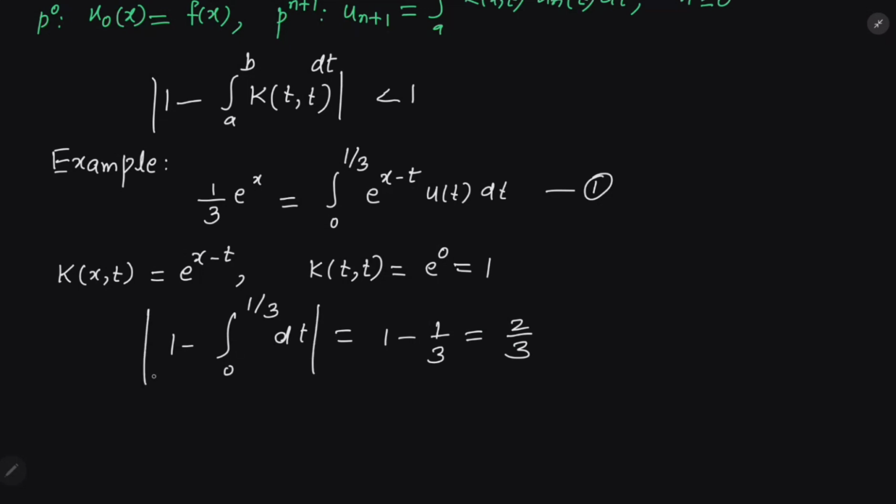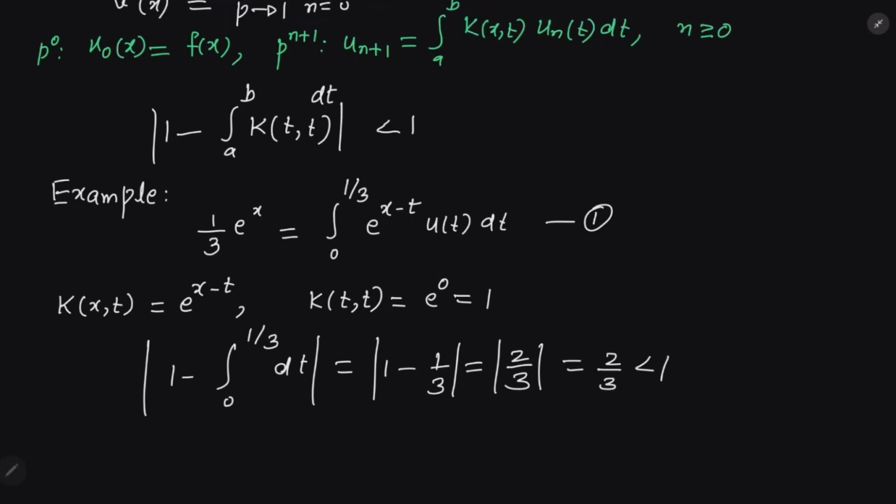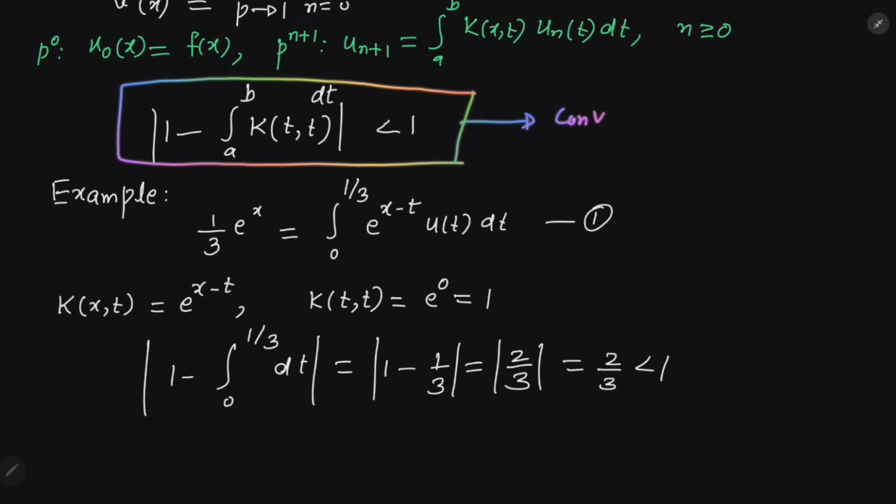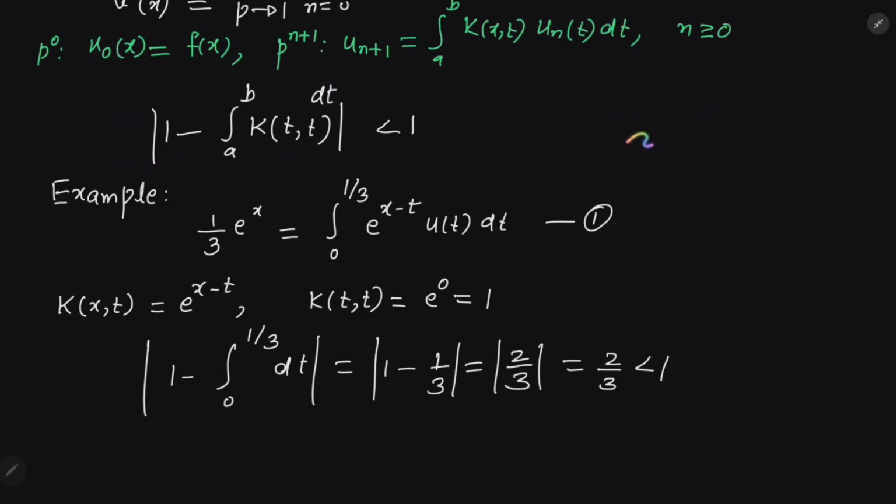There is no need of taking a mod over here since it is positive, but anyway, we can take a mod and we get 2 by 3, which is less than 1. So it means that this satisfies the convergence criteria. Remember that this is a convergence criteria. Unfortunately, I did not prove it, but you just have to memorize it.